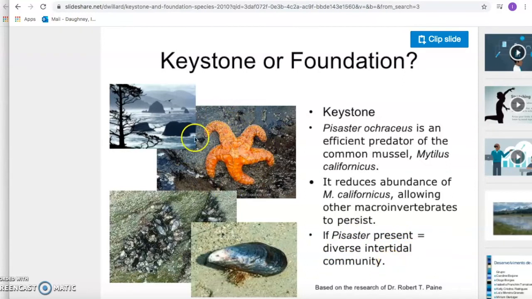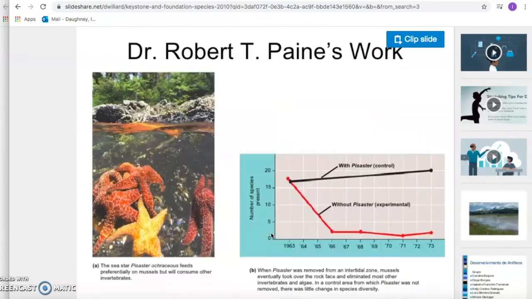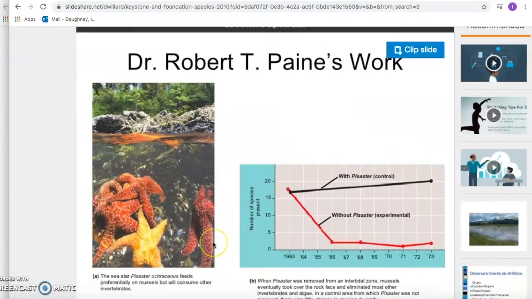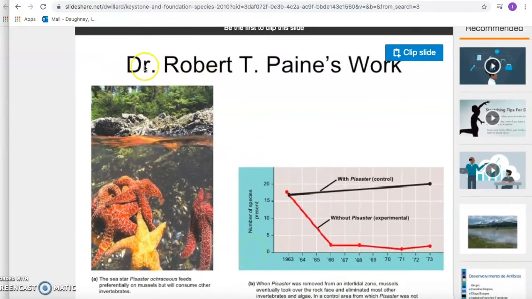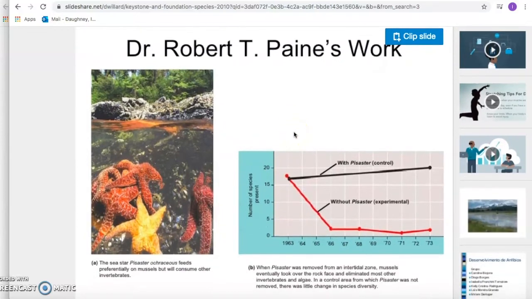So all because of what this guy likes to eat, that means that a bunch of species have an opportunity to be part of this intertidal ecosystem. Now, let's look at the research as to who found this out. So this guy, Dr. Robert T. Paine, he discovered this back in the 60s and into the 70s, okay?